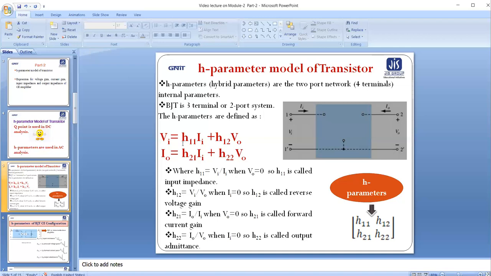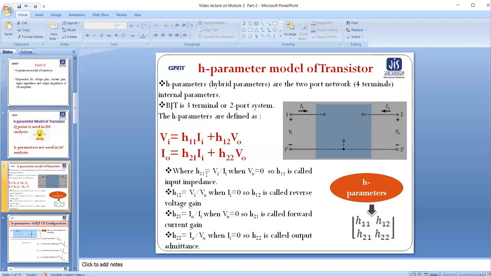Now, what is H11? From our normal mathematical concept, if we equate V naught, that is the output voltage, equal to 0, that means physically we short the output terminals. Then VI will be equal to H11 into II. Similarly, I naught, that is the output current, will be equal to H21 into II.